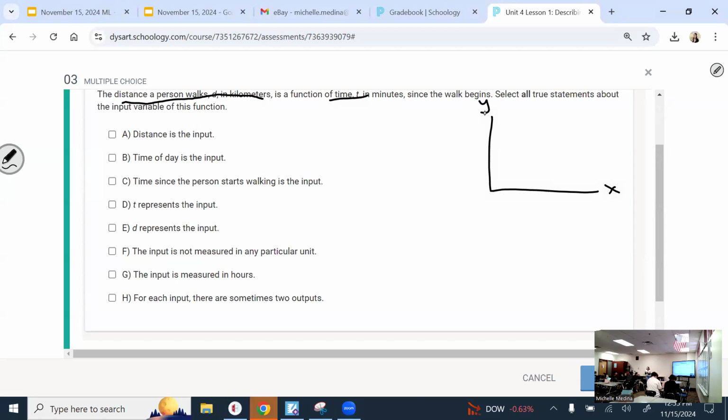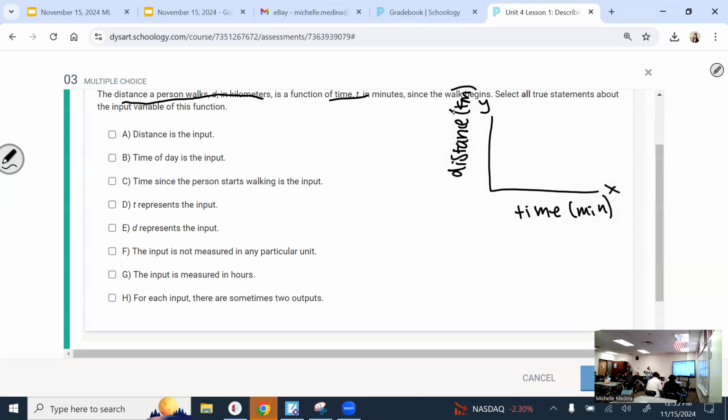What should go on my x-axis? Time in minutes. Good. Time is almost always on the x. It also did say function of. So what follows that should be whatever the x variable is. And then my y-axis is kilometers, distance.